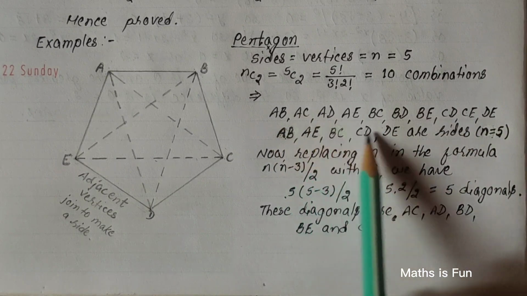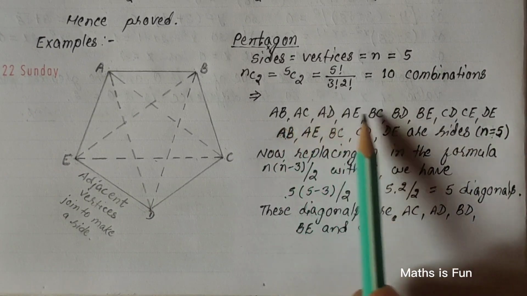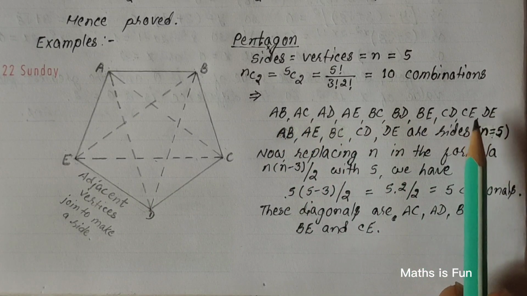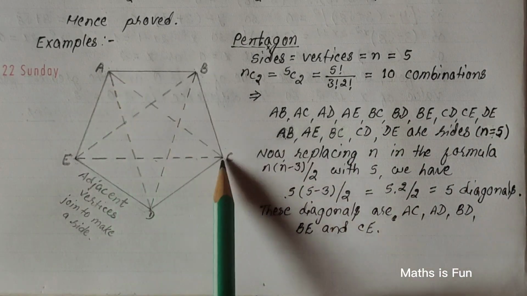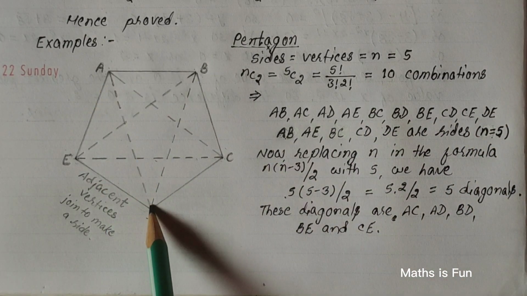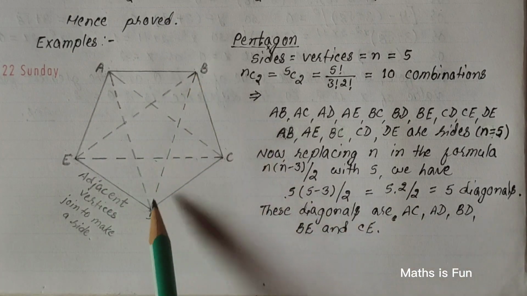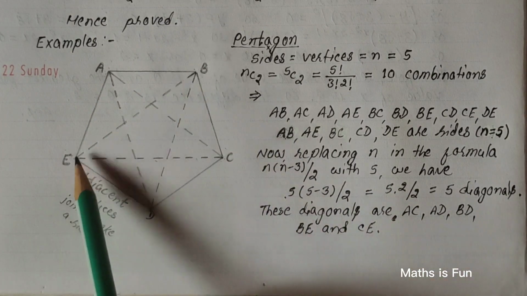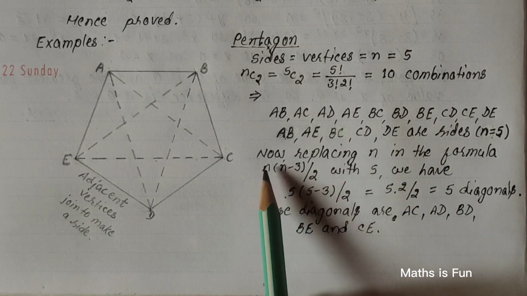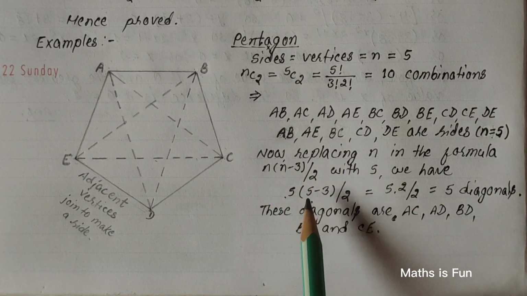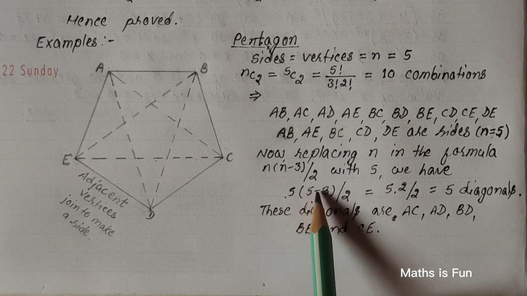If we deduct these 5 sides from these 10 combinations, then we are left with 5 diagonals. These 5 diagonals are AC, AD, BD, BE and CE.